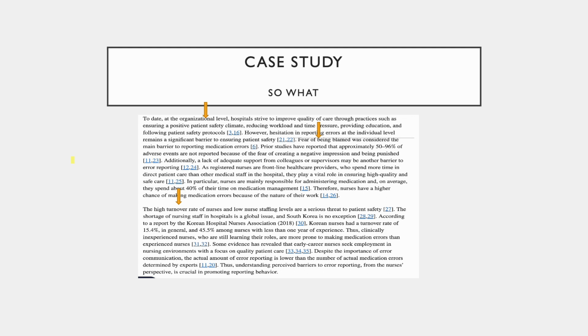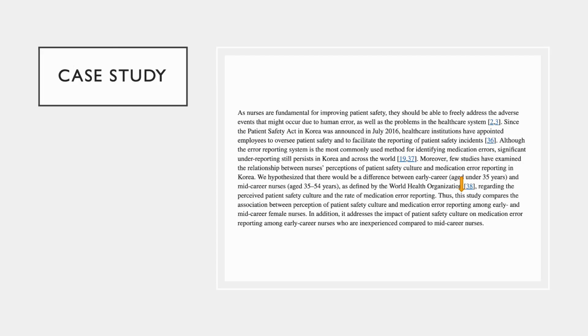And then high turnover rates of nurses and low staffing levels are a threat to patient safety. And finally, despite the importance of error communication, the actual amount of error reporting is lower than the number of actual medication errors. This all gives us the so what. It tells us why it's important.